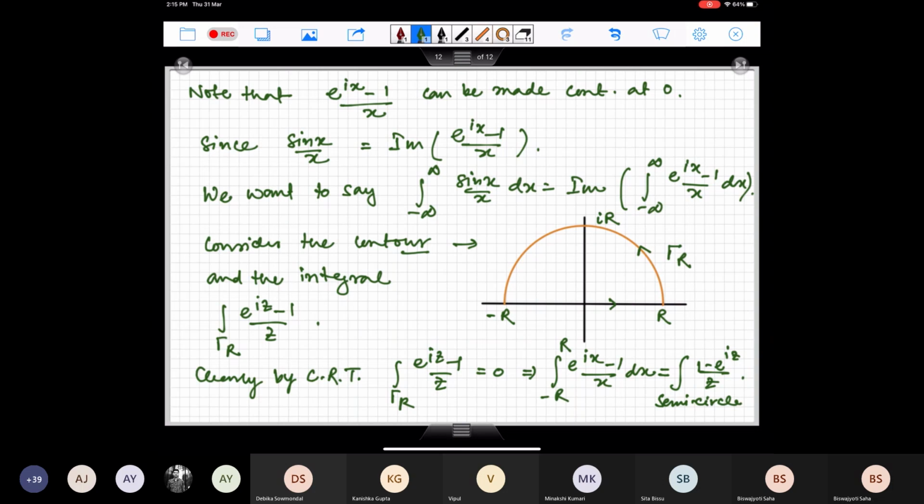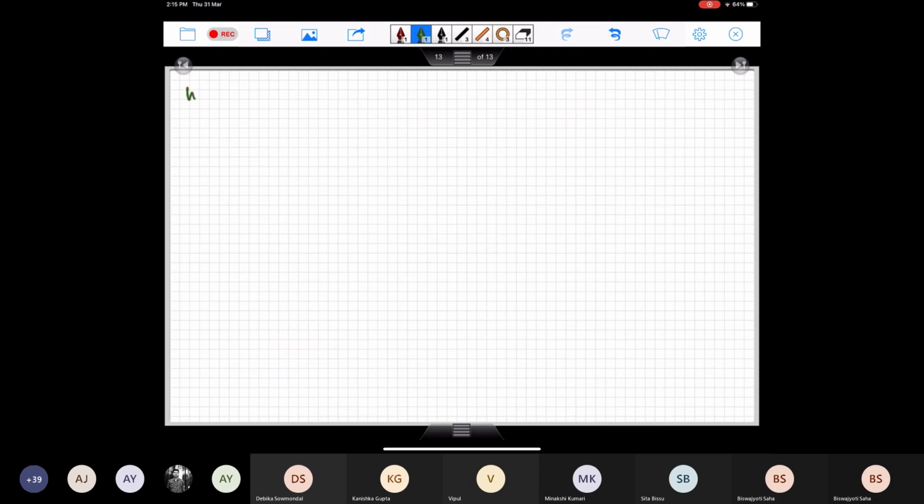Okay, great. So I need to integrate this. Let us see if I can say something about this integral. Now notice this one. We have seen from the last class that the integral of e power iz divided by z on the semicircle goes to 0 as r tends to infinity.